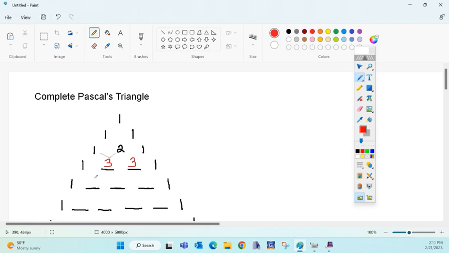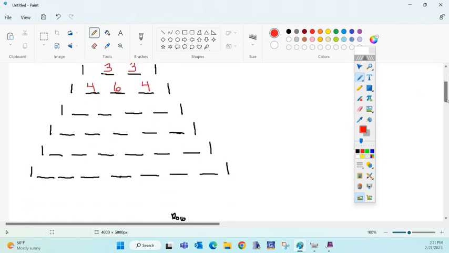So that means that down here is going to be 1 plus 3, 4. Okay? What number goes in here? 6. And what number goes in here? 4. Okay, then we do the next row, and you're filling in row after row. This number here is a 5.